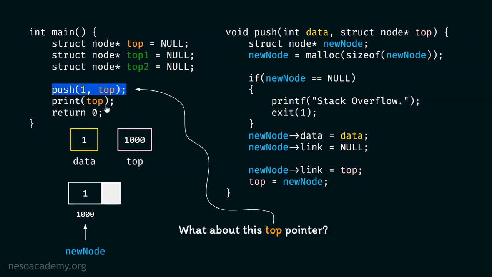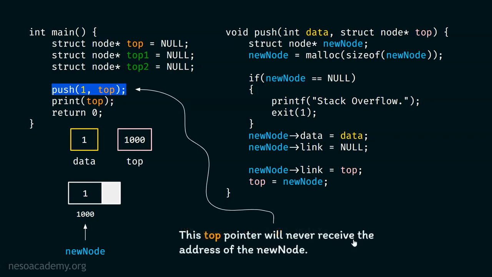But what about this top pointer? This top pointer will never receive the address of the new node. Understand this. This top pointer is local to this function. After the function finishes its execution, this top pointer will get destroyed. And this top pointer will never receive the address of the new node.